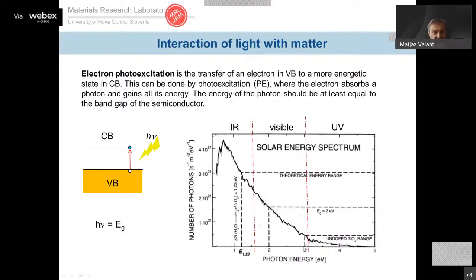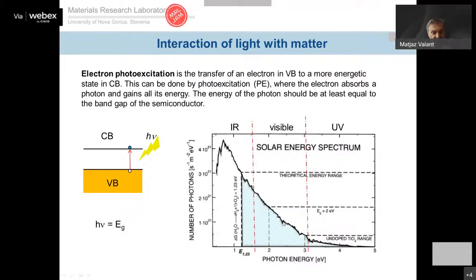So somewhere in that region. Now, for water splitting, we need an energy of 1.23 electron volts. So we see that with visible light energy, we can basically split water.